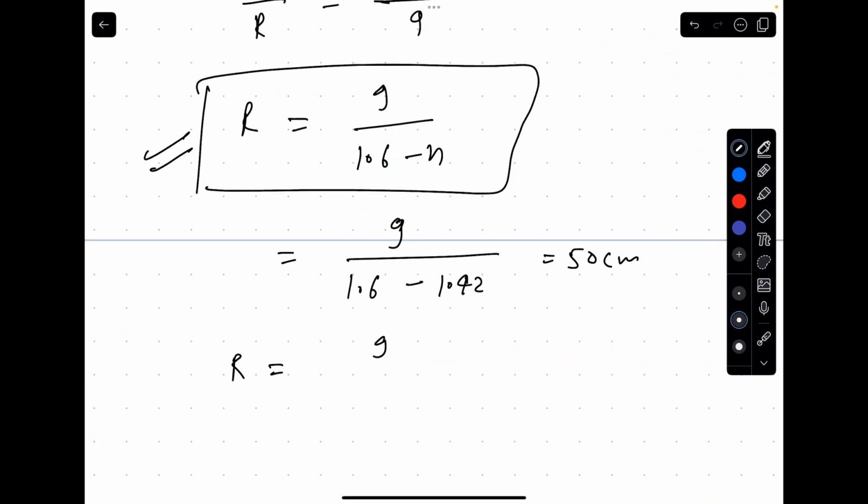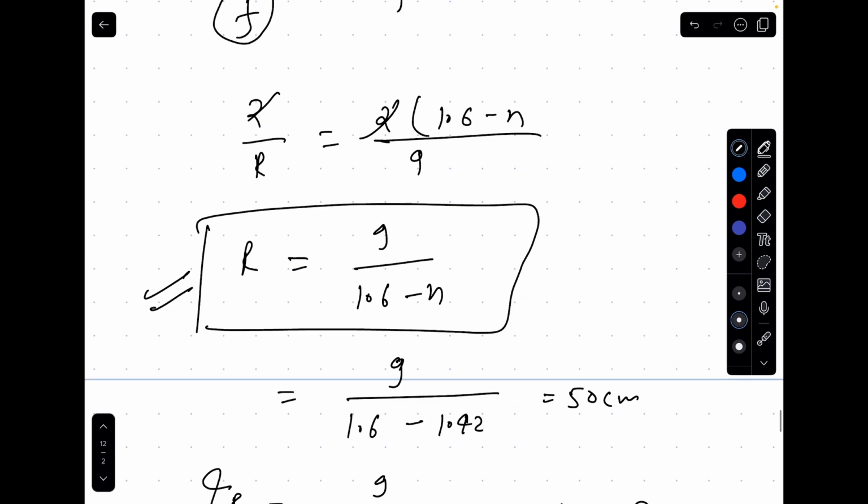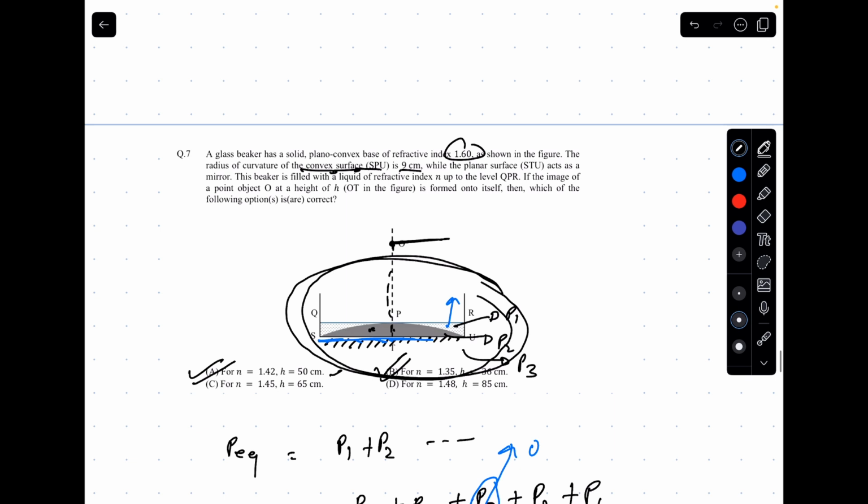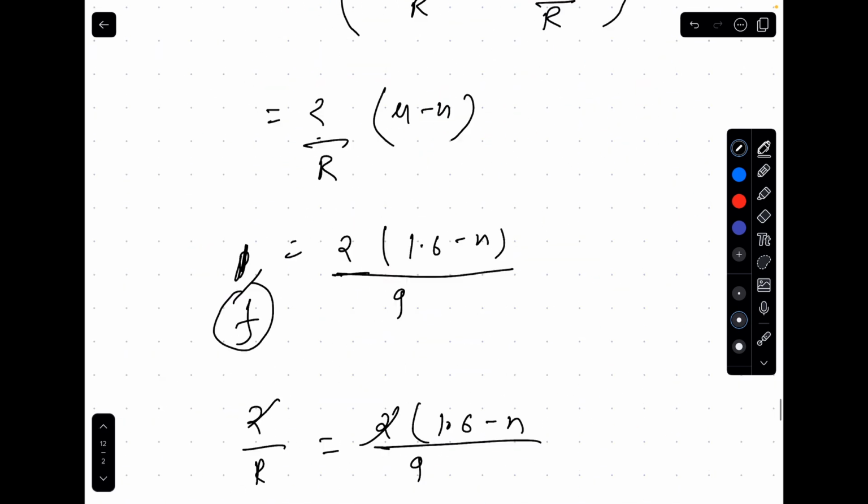So 9 divided by 1.6 minus 1.35. This is 36 centimeter. Alright. So that option is also correct. Now let's move to the next question.